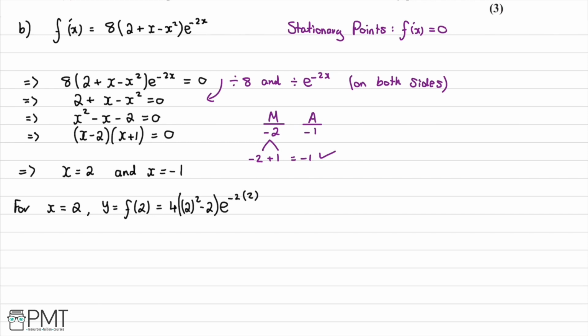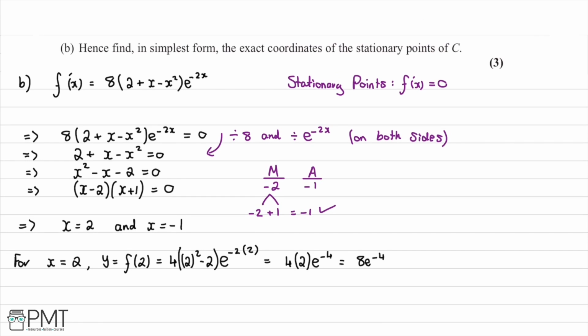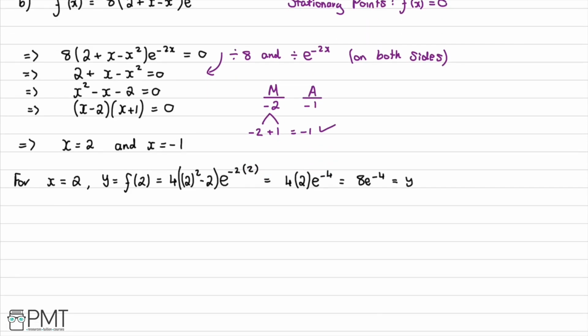Simplifying, this is 4 lots of 2 multiplied by e to negative 4, which is equal to 8e to the negative 4. We note in the question that we're asked to give the exact coordinates, so we're not going to put this into the calculator, we're just going to leave it like this. So that's our y coordinate.